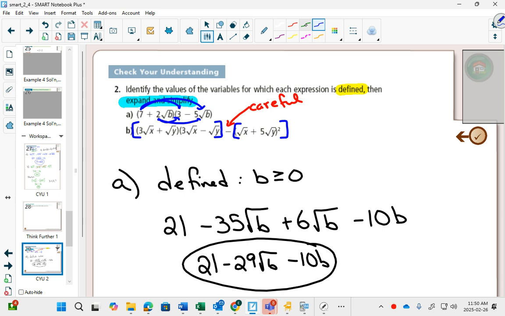You have that whole first thing minus the whole second. We have to be careful with that, because that means you're subtracting everything that's in the second one. So we're going to simplify inside those blue brackets as much as possible first, and worry about that subtracting at the very, very end. So what does that look like?